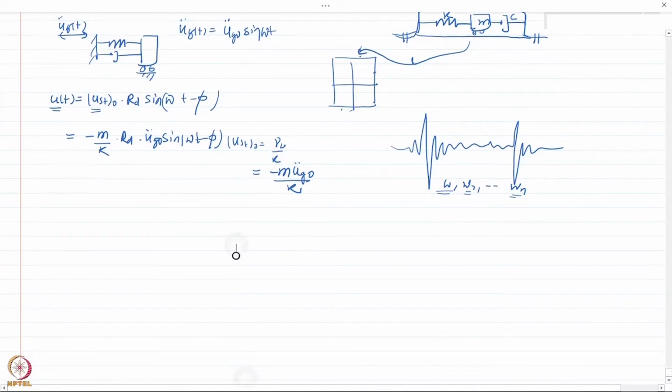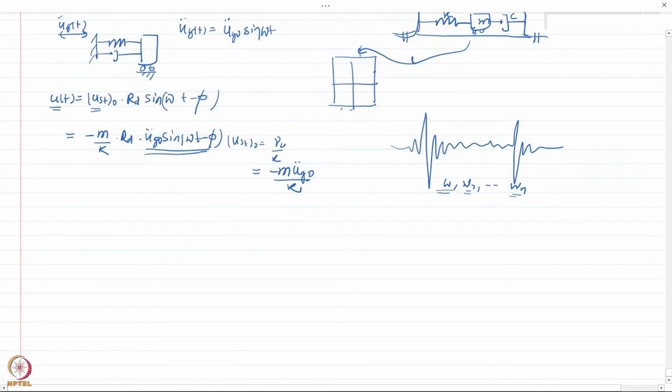Now this expression is nothing but U_g of t minus phi by omega. If you substitute the expression here, you will see that you will get the same expression. So if you substitute in this expression, sine omega (t minus phi by omega), you get sine omega t minus phi.